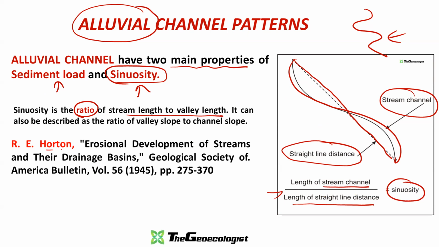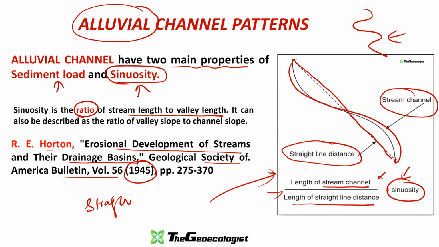And remember Horton's work, Erosional Development of Streams and Their Drainage Basins, Geological Society of America, 1945. This is where it was discussed. So what you need to know is sinuosity, and on the basis of this ratio, you can say whether a channel is straight, sinuous, or meandering. Not every channel that moves like this is meandering.